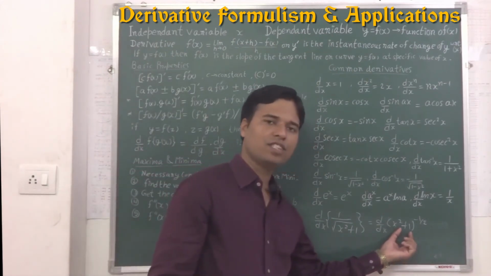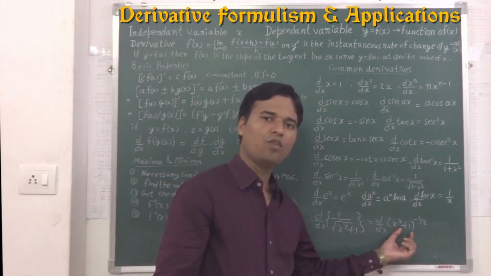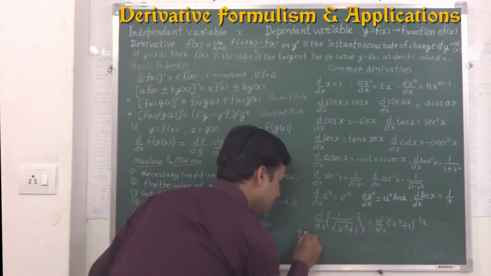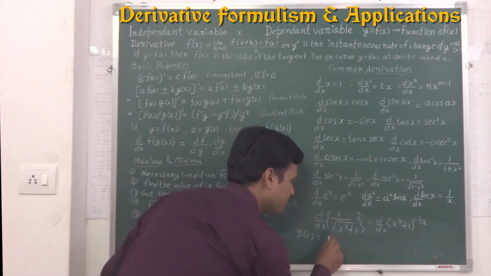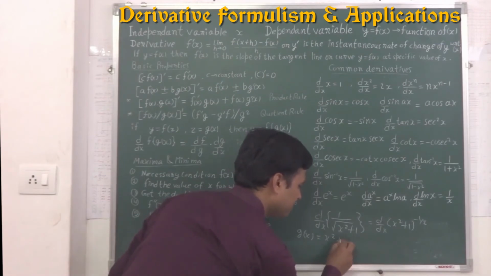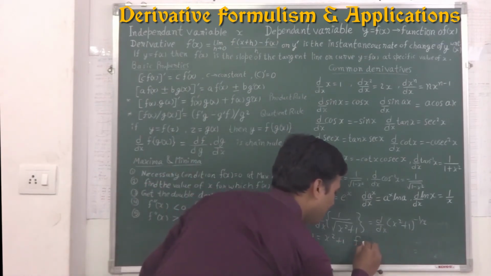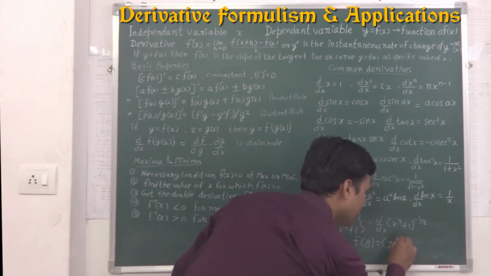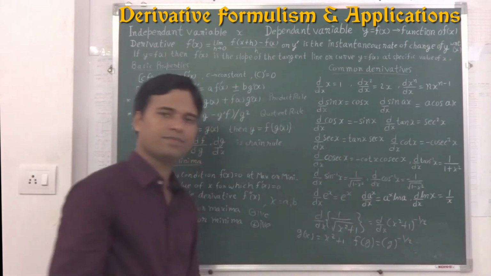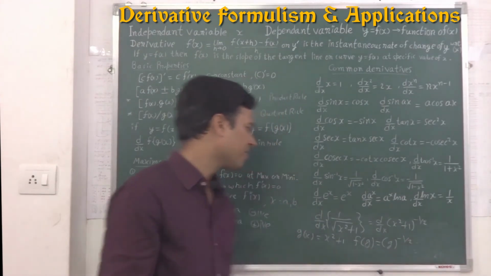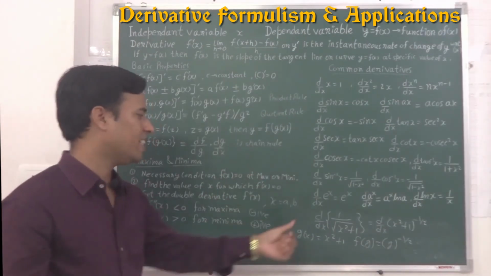But this is another function of x. Here g of x is equal to x square plus 1, and f of g is equal to g power minus 1 by 2. g is another dependent function of x. Use the chain rule to get its derivative.